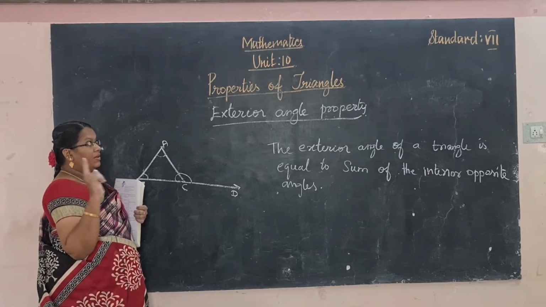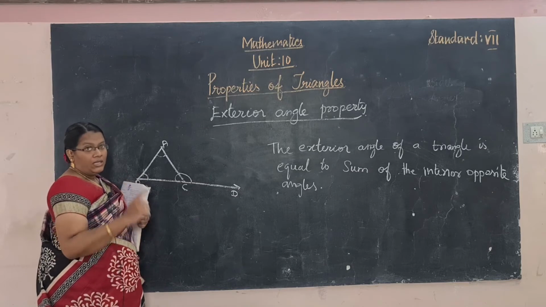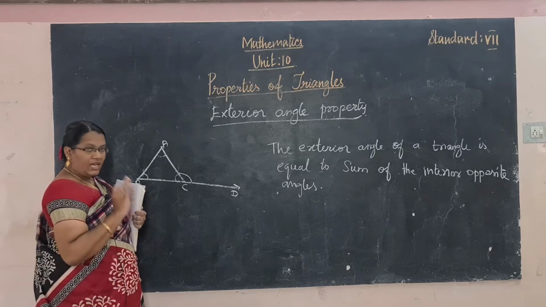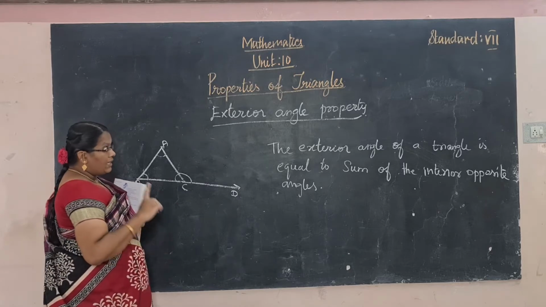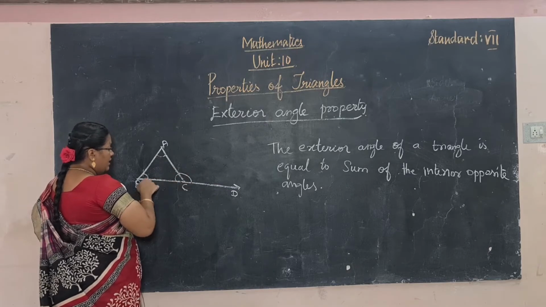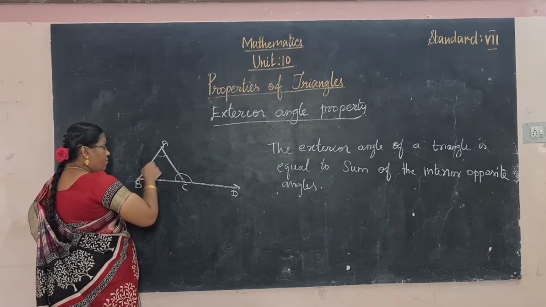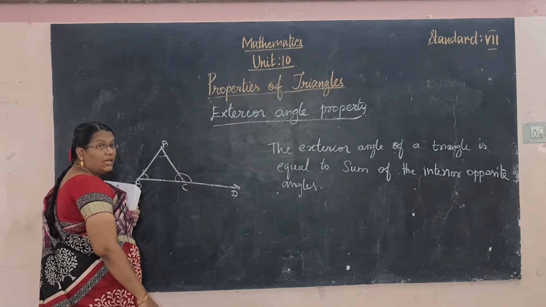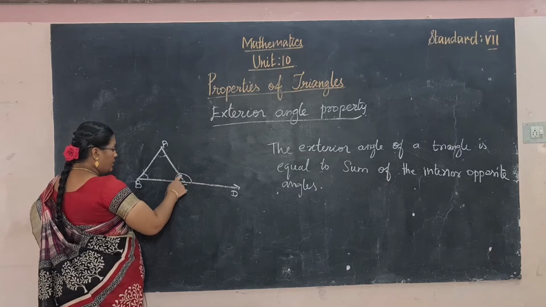What is the statement of the angle sum property? The sum of three angles is 180 degrees. And the exterior angle property: the exterior angle of a triangle is equal to the sum of the interior opposite angles.